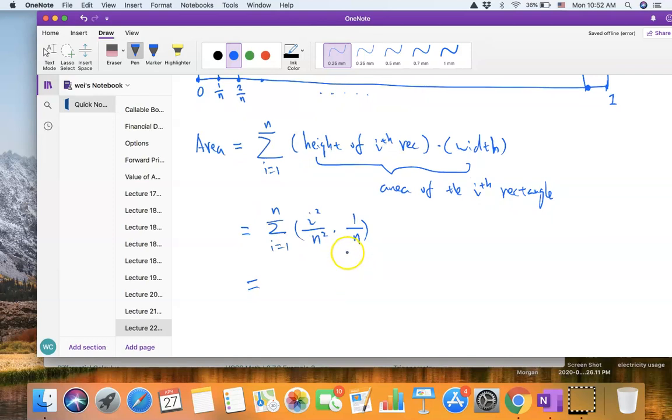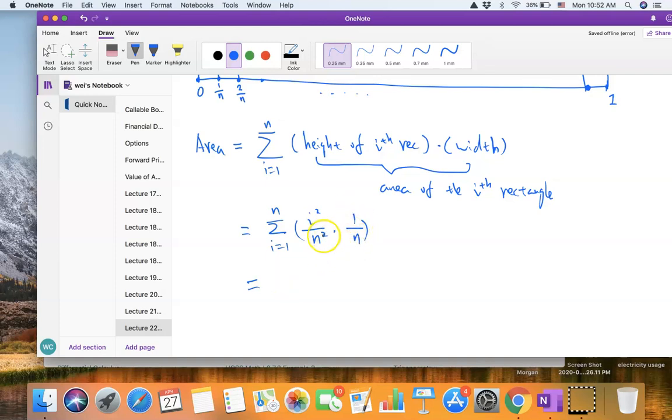Okay, so the next thing is we want to figure out what this result is, so we want to write this in terms of n.